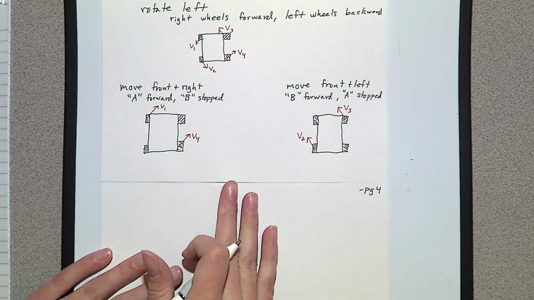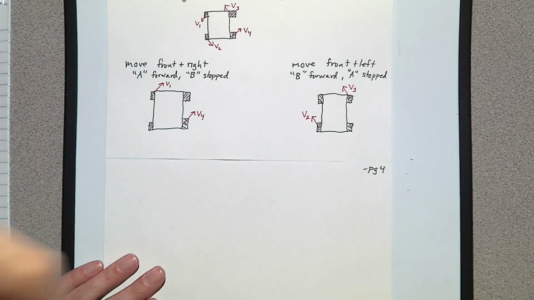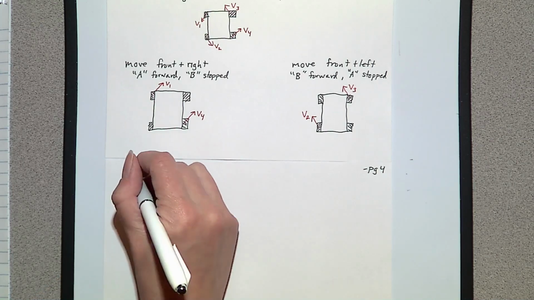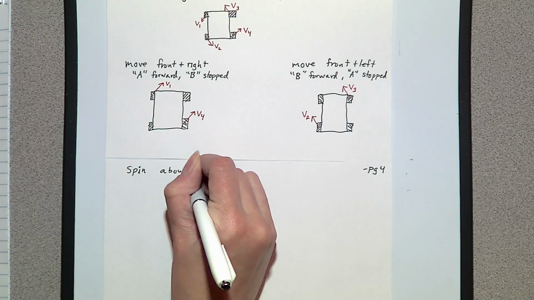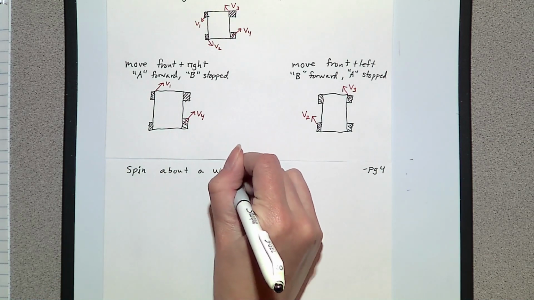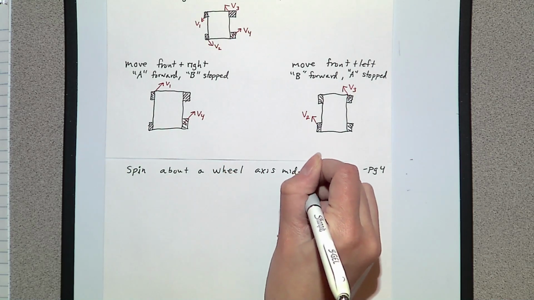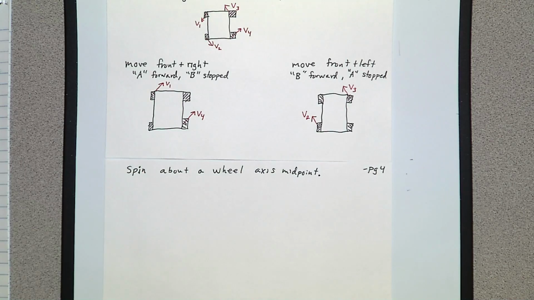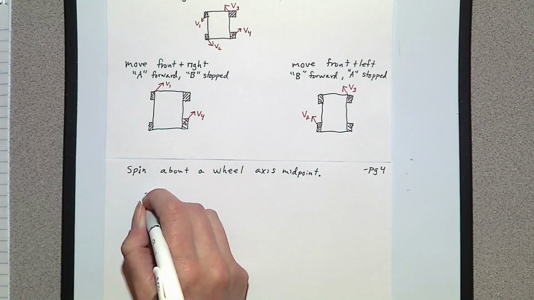And something cool you can also do, which is a little bit more complex, but you can also spin about a wheel axis midpoint. So let's say, for example, that we have a robot here.